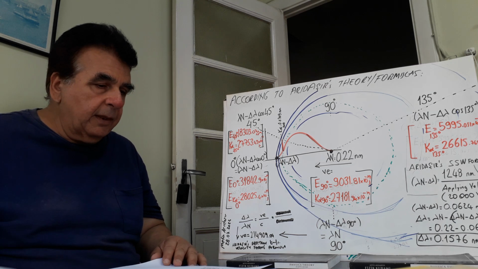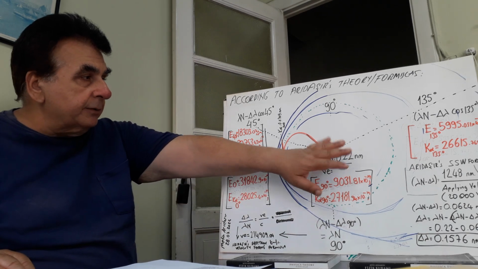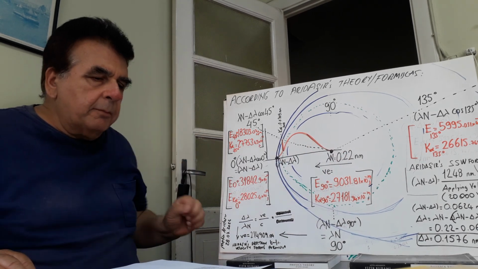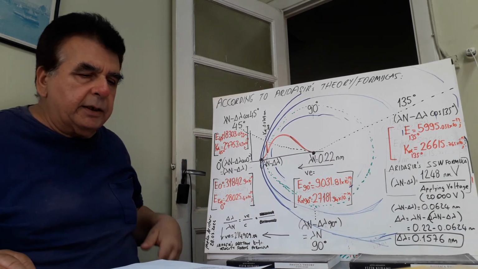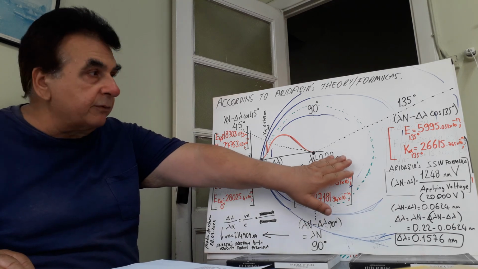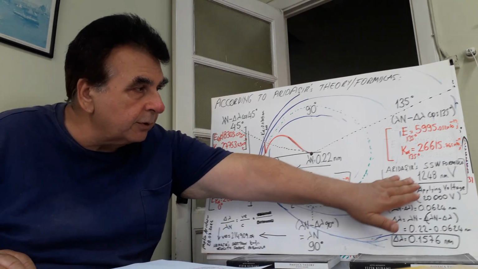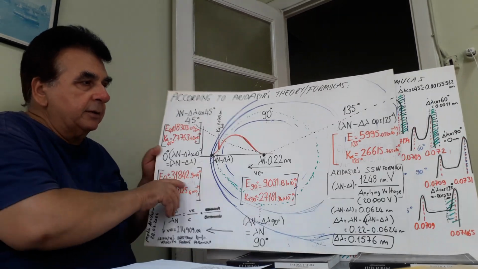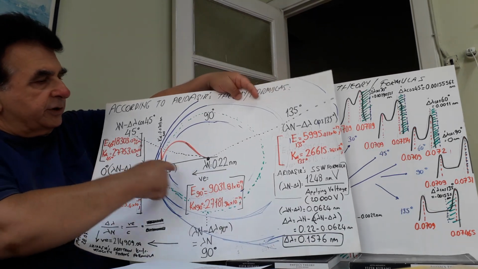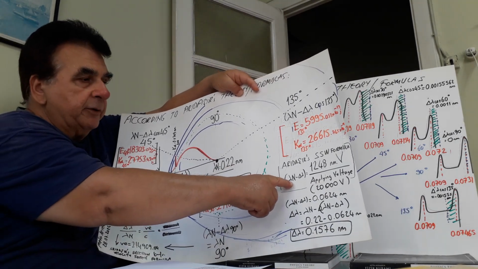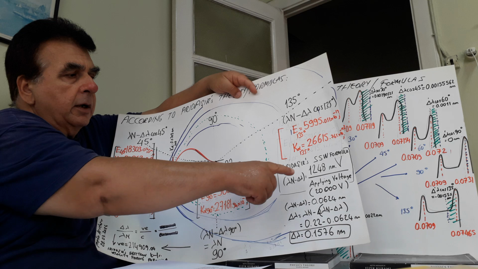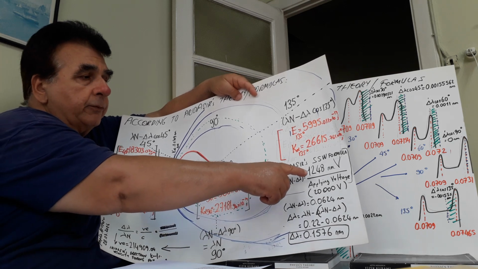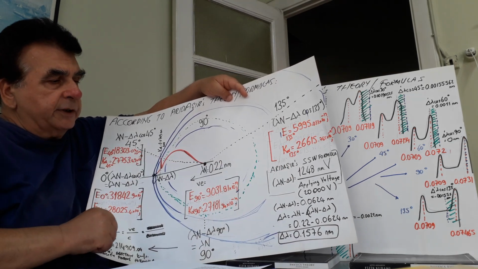Let an electron be accelerated by applying a voltage of 20,000 volts. This is my formula, the shortened wavelength formula: lambda normal minus delta lambda, 1248 divided by the applying voltage.